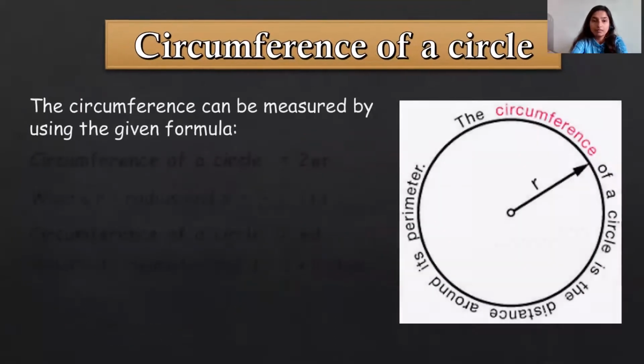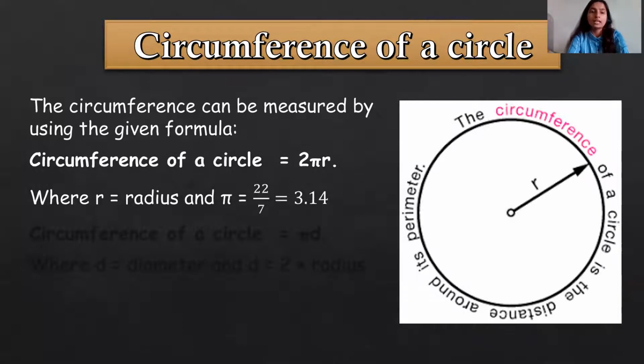And we can measure the circumference by using the given formula. So circumference of a circle is equal to 2 pi r. Here r is the radius and the value of pi is equal to 22/7, which is equal to 3.14 in decimals.